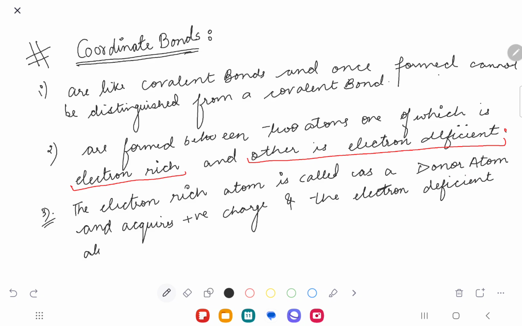And the electron deficient atom or element is called an electron acceptor atom.